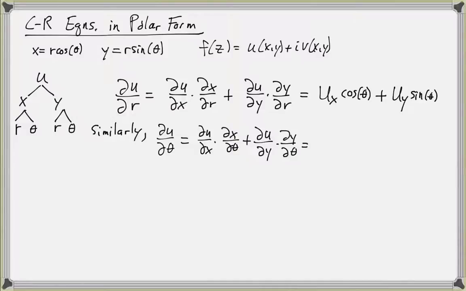The derivative of x with respect to theta will be r times the negative sine of theta, so I get negative r sine of theta, plus the derivative of u with respect to y times the derivative of y with respect to theta, which is r cosine theta.